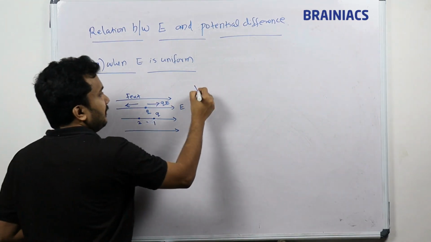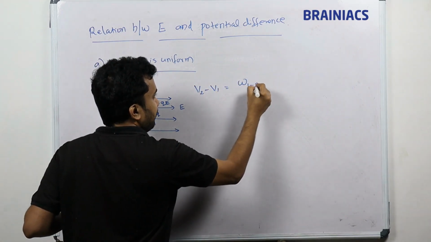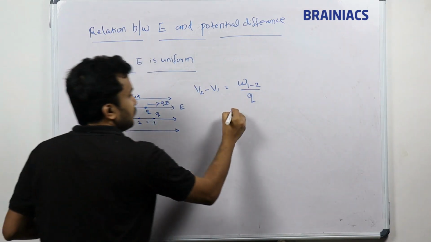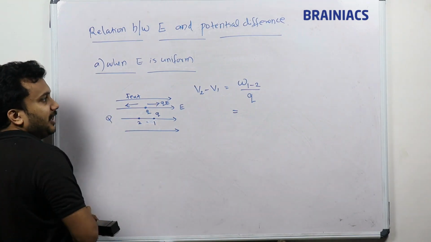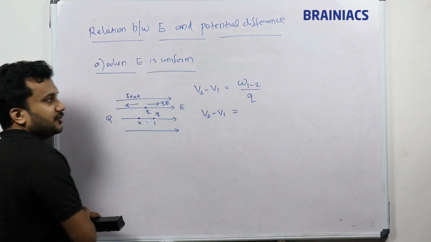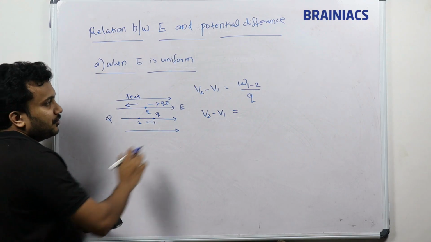Now we write V2 minus V1 is equal to work done from 1 to 2 divided by its charge. What is work done? I am assuming this is an electric field created by a charge of capital Q. So V2 minus V1 is nothing but what is called the potential difference.